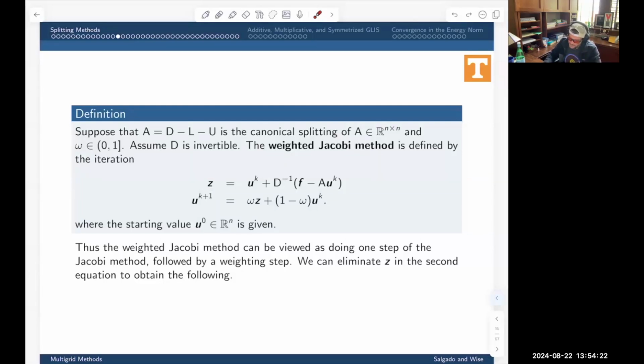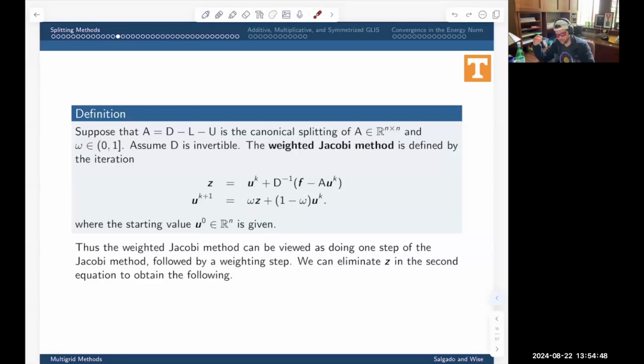So the weighted Jacobi method, you use this weighting parameter where omega is some number between 0 and 1. And in fact, this number can go all the way up to 2 if we wanted to. So this is called the weight parameter, omega. And so to compute u^(k+1), we're going to weight the new thing that we just computed against the old thing in what's called a convex combination.